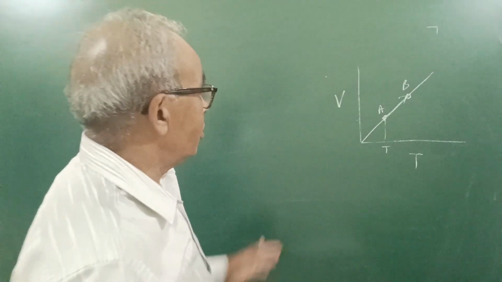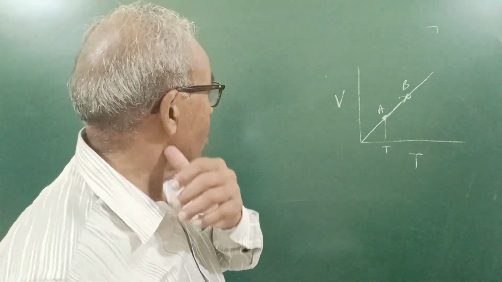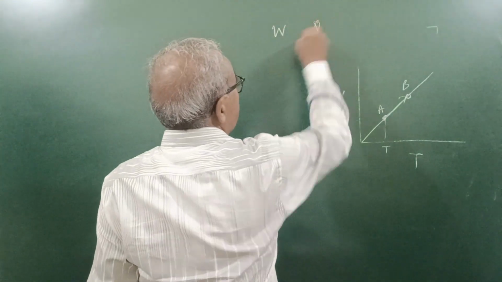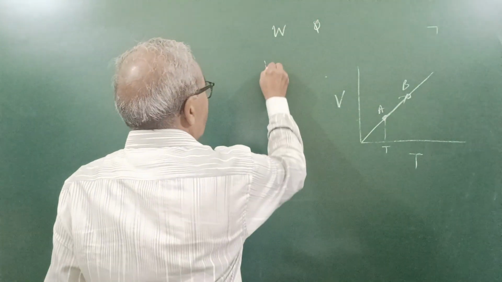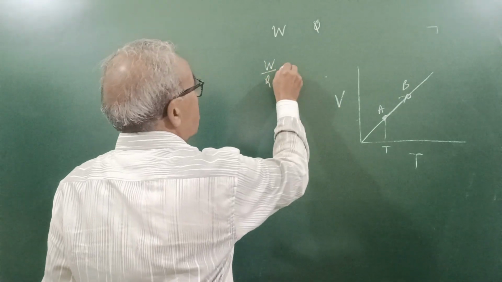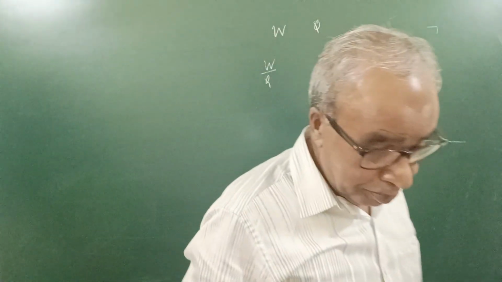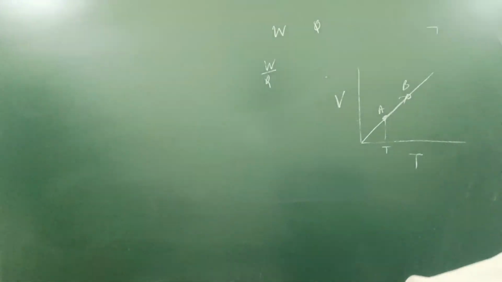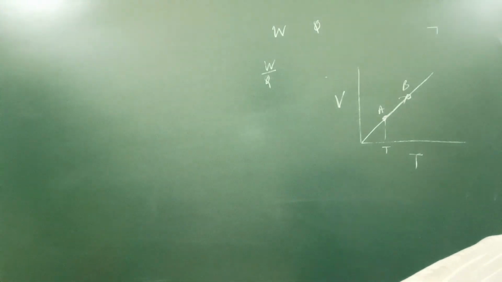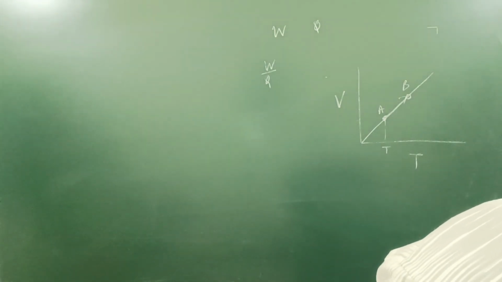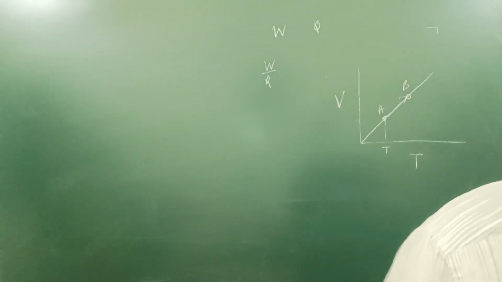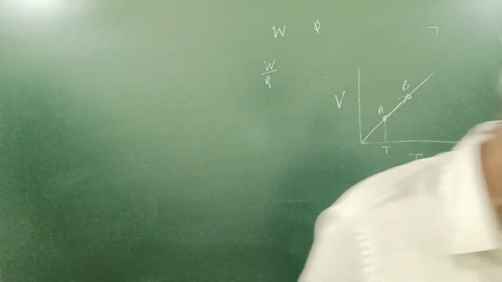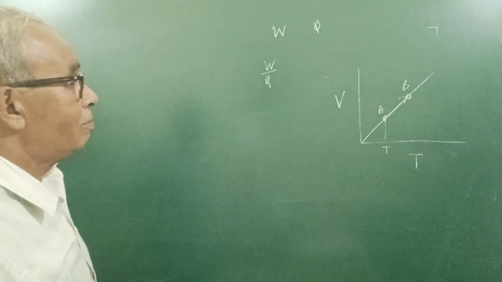In this change, if W is the work done and Q is the heat absorbed, then what is the ratio W upon Q, the ratio of work done by the gas to heat absorbed when it undergoes change from state A to B?